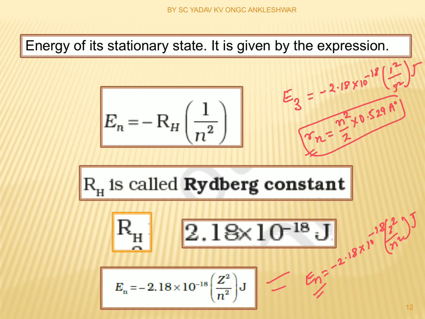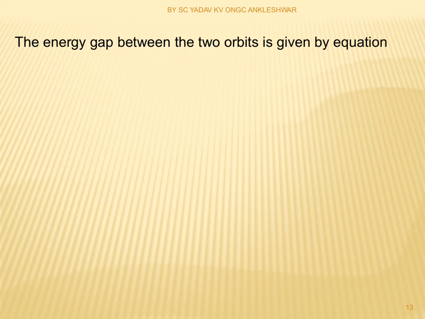Suppose there is an energy gap between two orbits. How do we derive the frequency of the radiation emitted or absorbed? The energy gap between the two orbits is given by delta E is equal to EF minus EI, where EF means the final energy state and EI means the initial energy state.